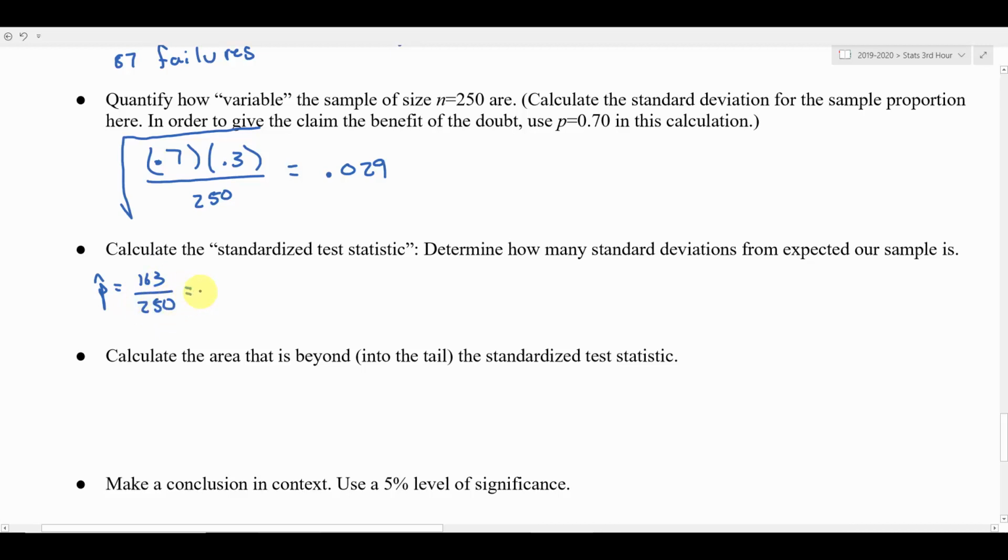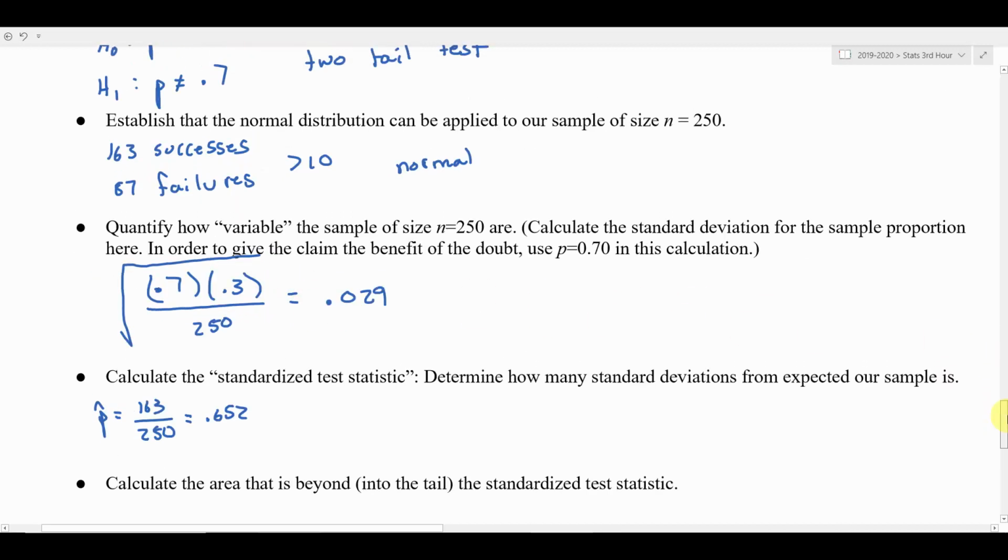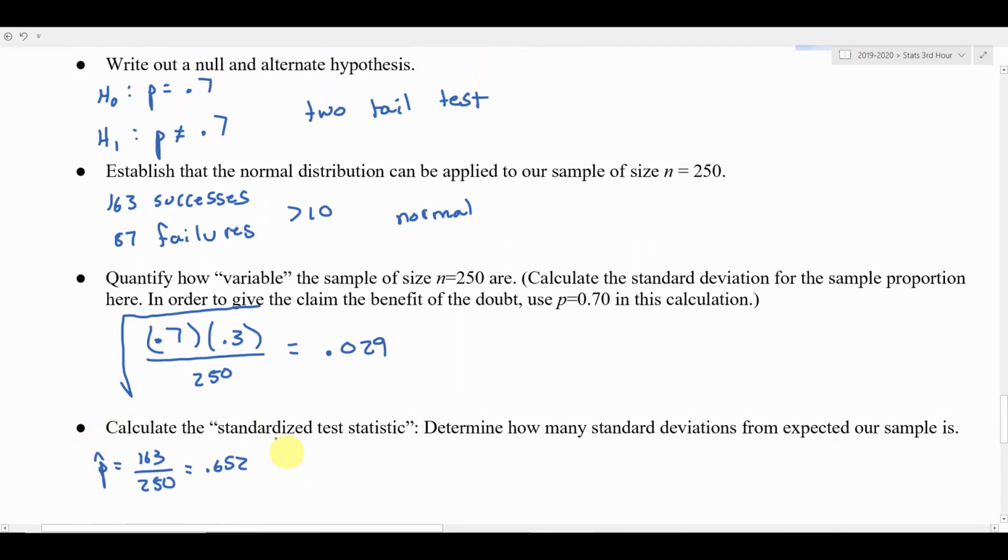When we do that, I got 0.652. Just take a second and pause here. Our sample showed us 0.652. We were assuming that it was going to be 0.7. It doesn't seem like it's too far off.